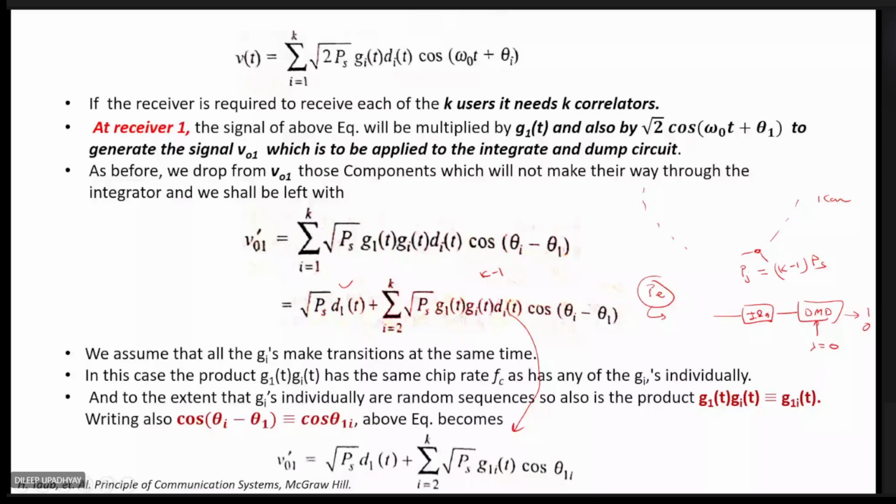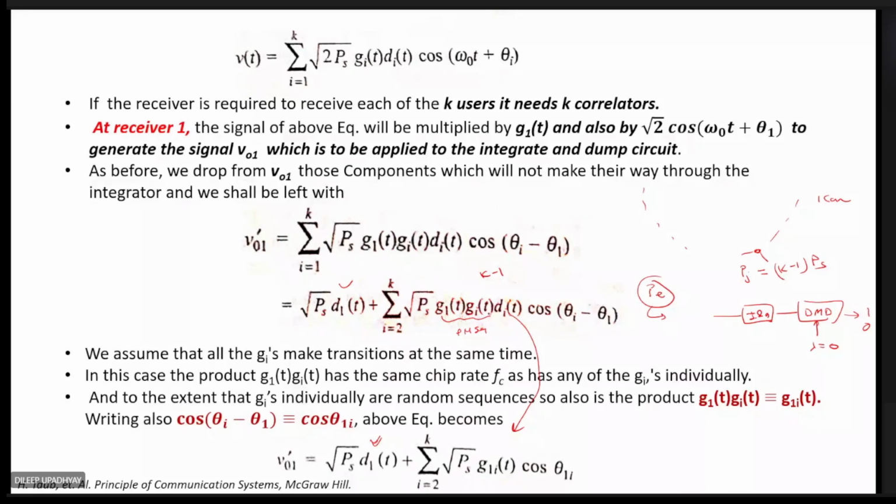By another signal, V01 dash, equals under root Ps D1(t), so this is nothing but our information signal, plus the summation i equals 2 to k, under root Ps, and then here it is G1(t) Gi(t). This is nothing but another PN sequence, because we have assumed that the transition at each chip period happens at the same time.